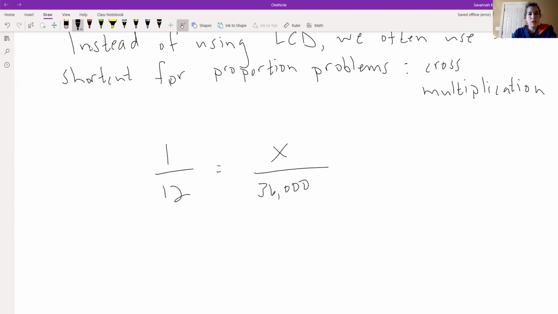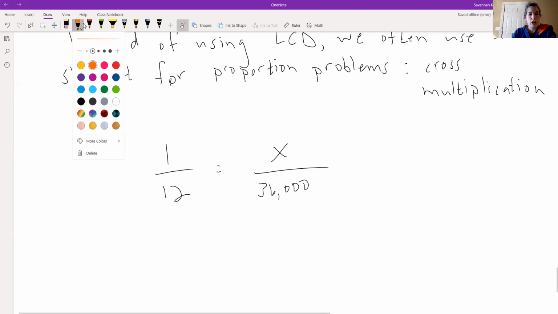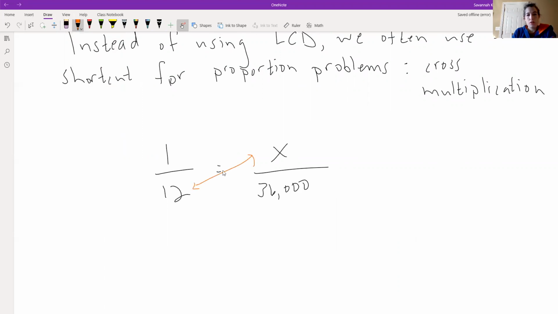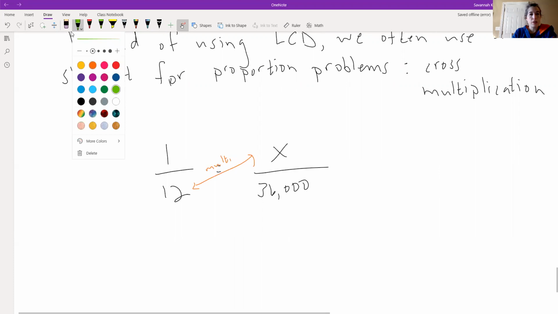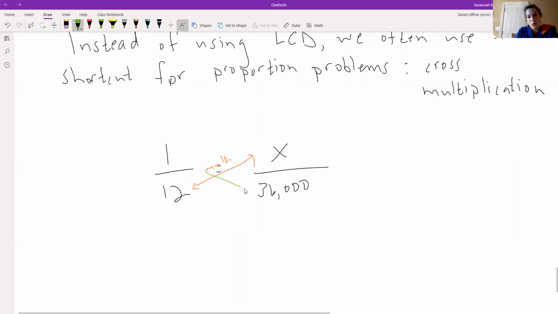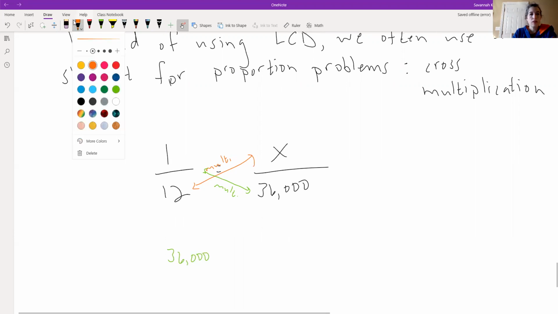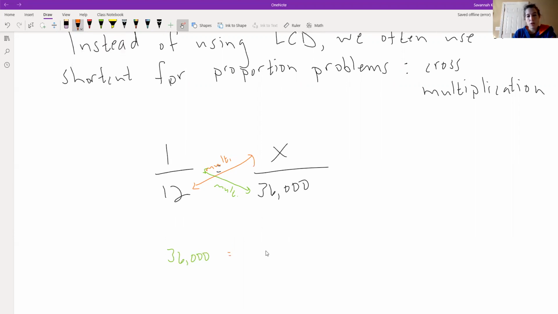So the shortcut is this. You can multiply in a cross shape, X times 12. So I'm going to say multiply. And then you can multiply to complete the cross, 1 times 36,000. So 1 times 36,000 is 36,000. And X times 12 is 12X.